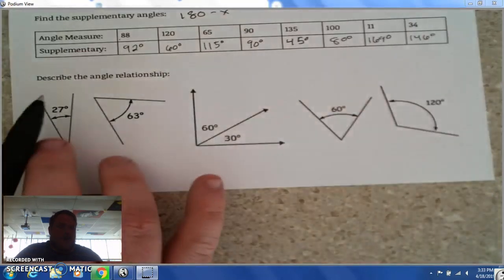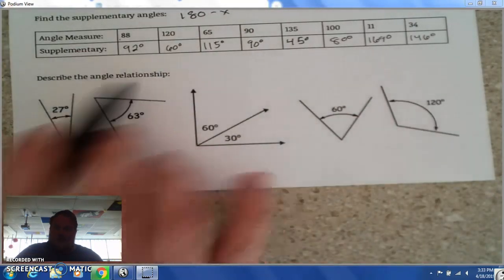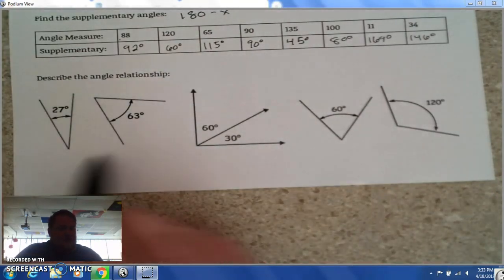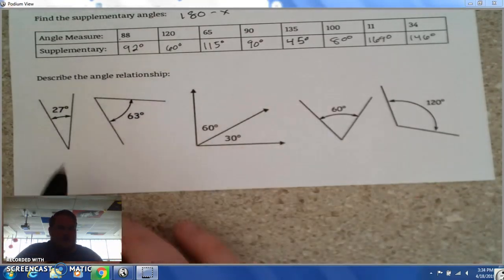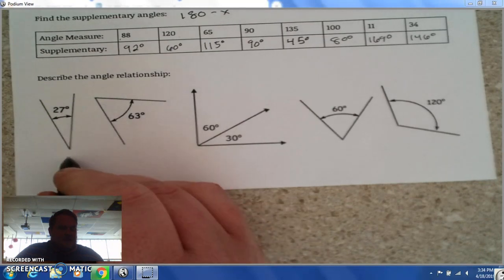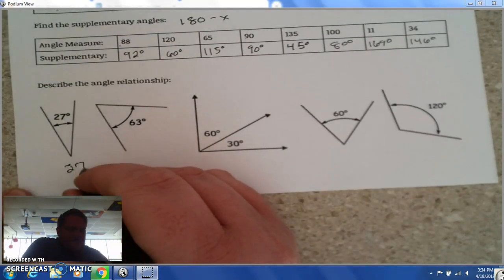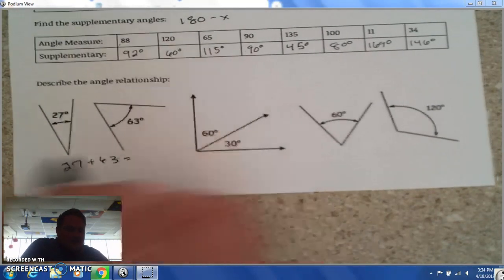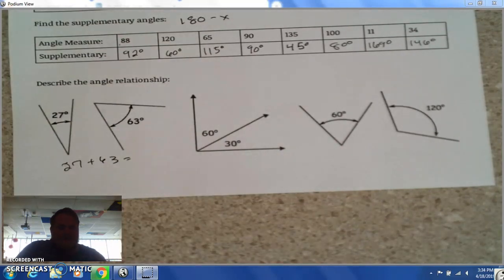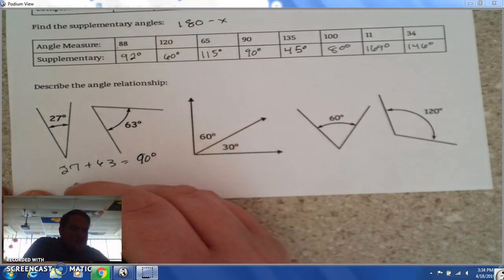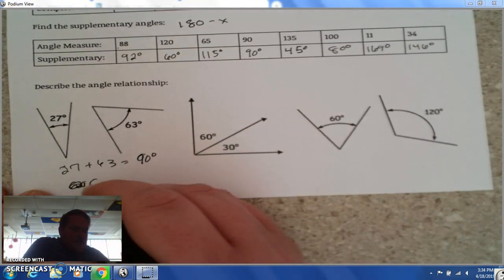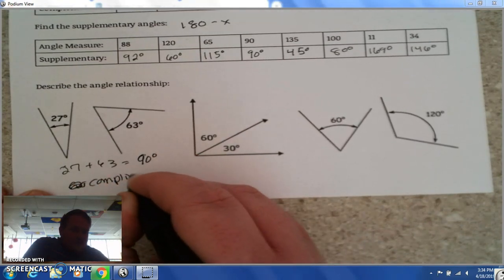Now, going on to the bottom, it wants us to describe the angle relationships. Okay, neither one looks like a corner or an L, so we need to add 27 plus 63, and if you add 27 and 63, that equals 90 degrees. So that's a complementary relationship, okay?